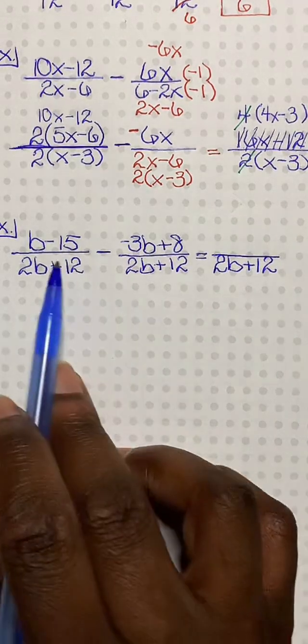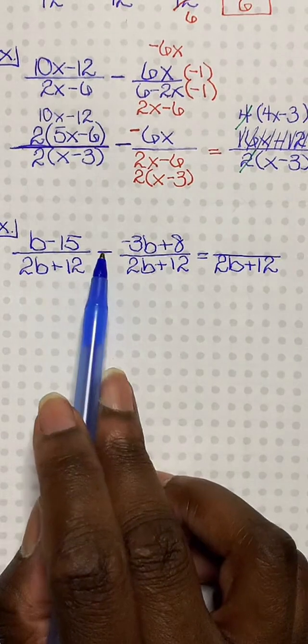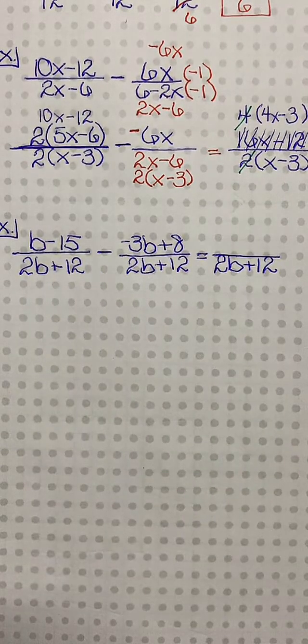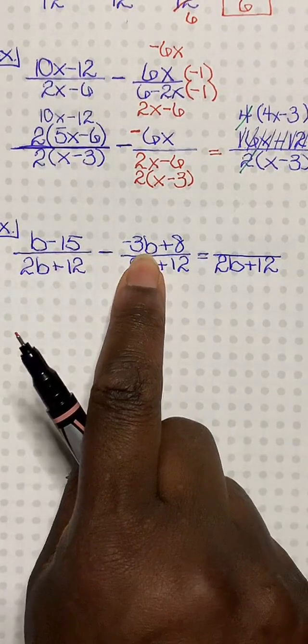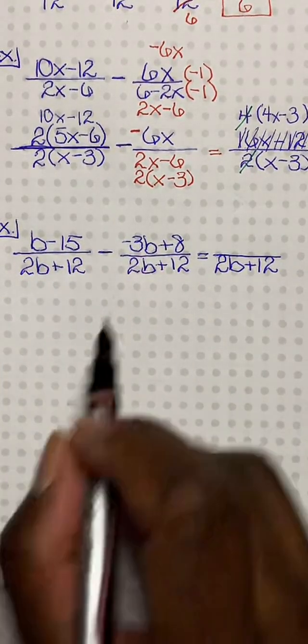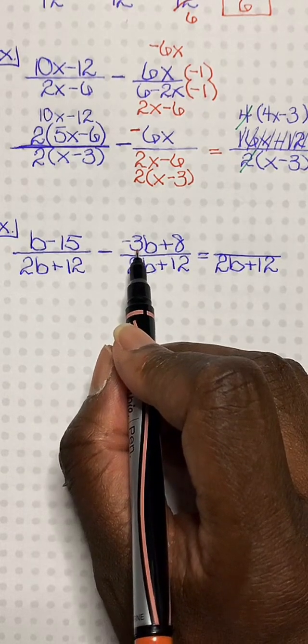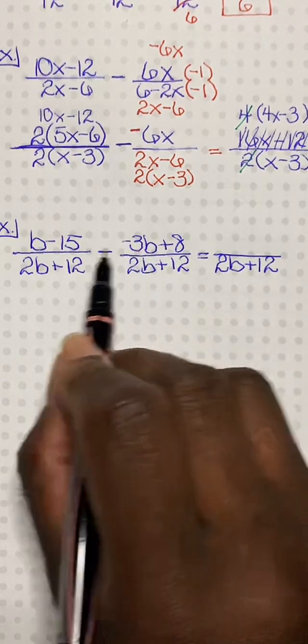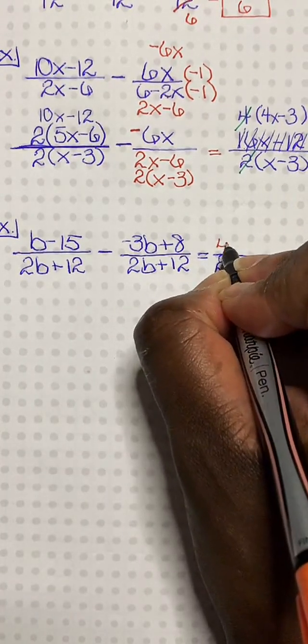So now, let's combine our like terms. Okay, we're subtracting. Now, I know a lot of us are probably like, all right, cool. I got b minus negative 3b. All right, when you minus a negative, that gives me a positive 3b. So that means 3b plus 1b gives me 4b.